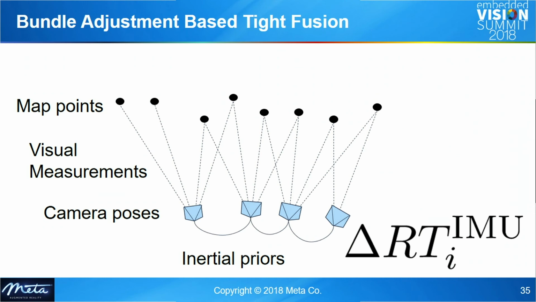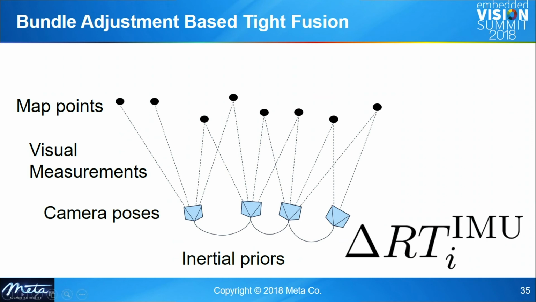then estimates the poses based on all of this information. Compared to some of the images I showed a few slides back, in bundle adjustment based fusion, this is how visual inertial tracking might look like.